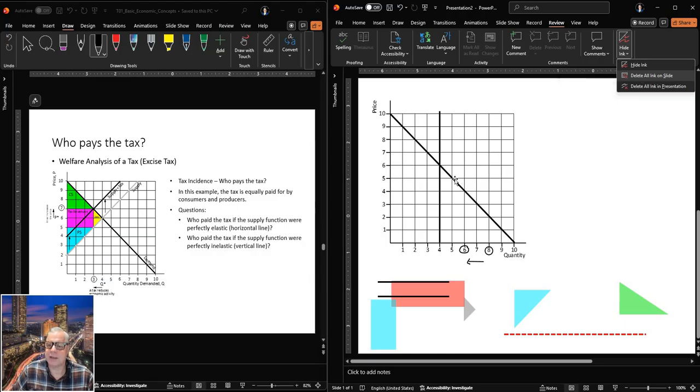But just to get an idea, now let's say the supply is this, and so the price is 6, and the quantity is 4.